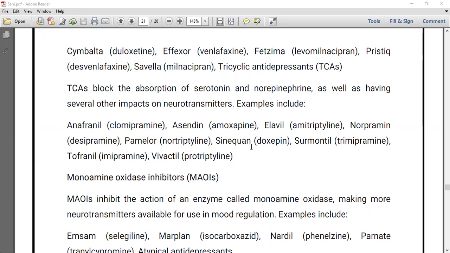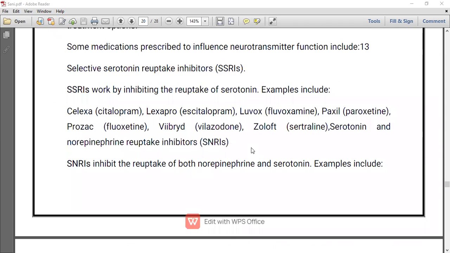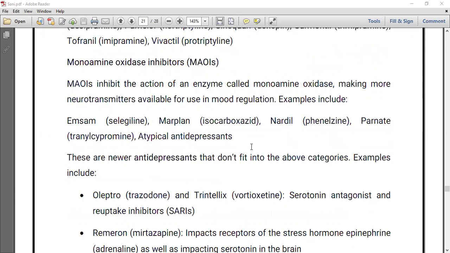While the above mentioned medications are the selective serotonin inhibitors, it means that one is the absorption and one is the selective.